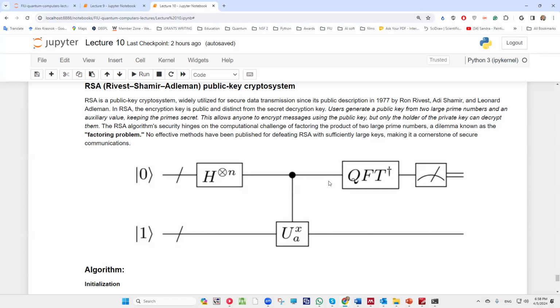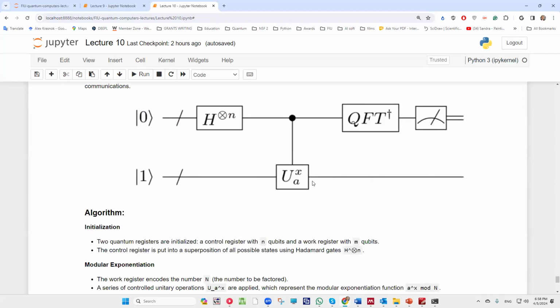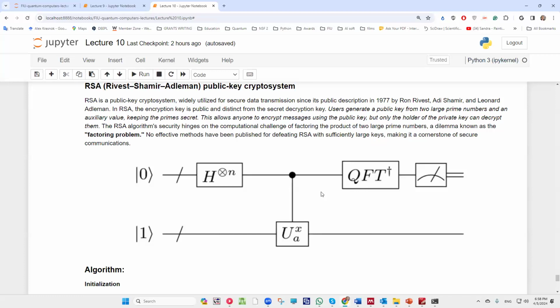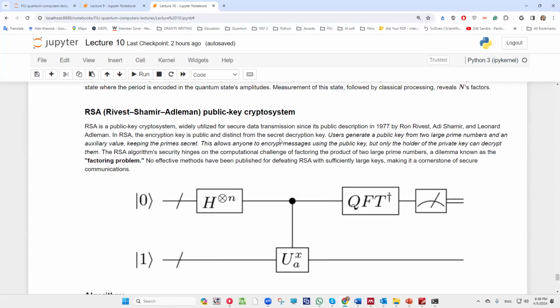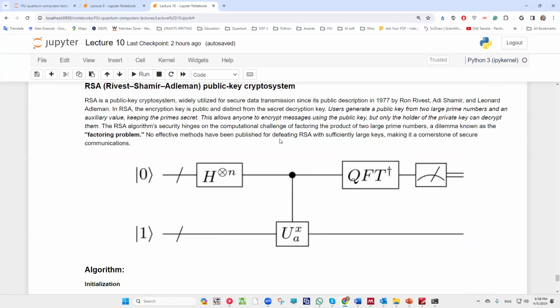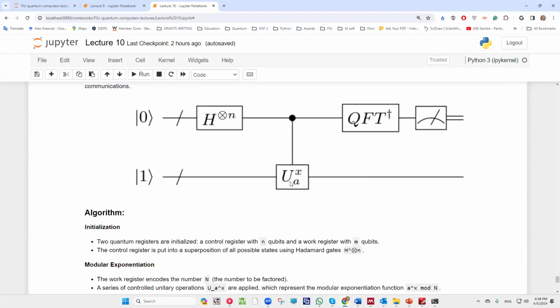So it's extremely important to learn these algorithms and to elaborate a way to protect our systems against Shor's algorithm. Okay, so this is the very generic circuit of Shor's algorithm.